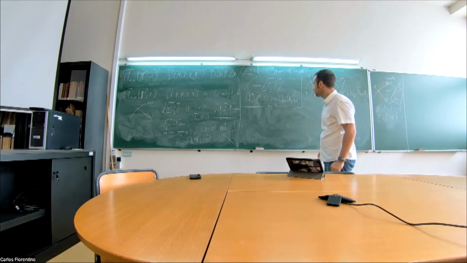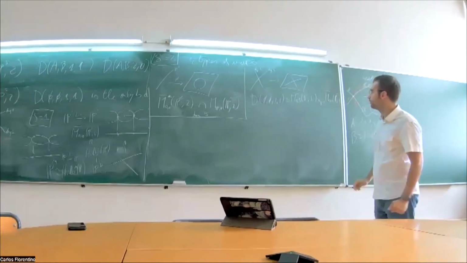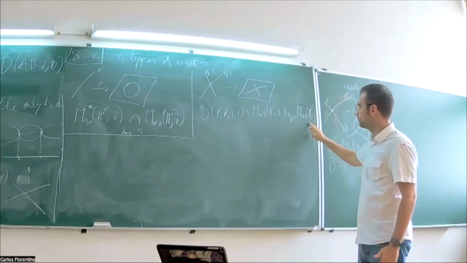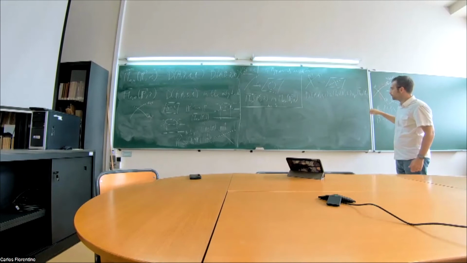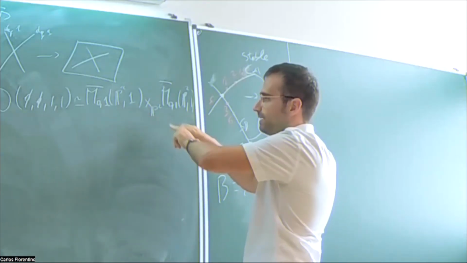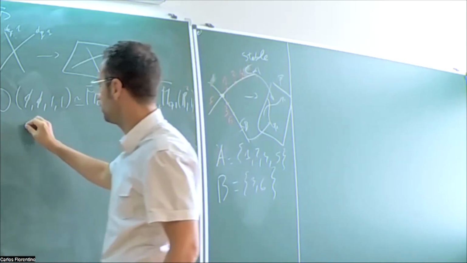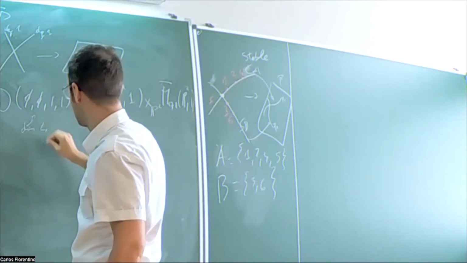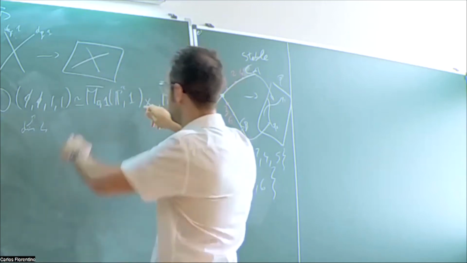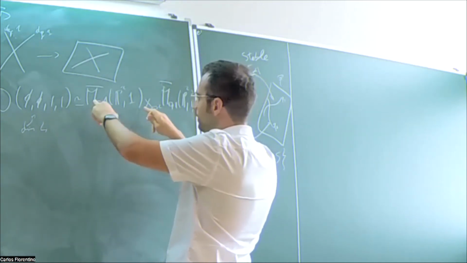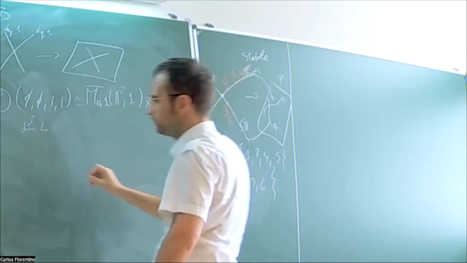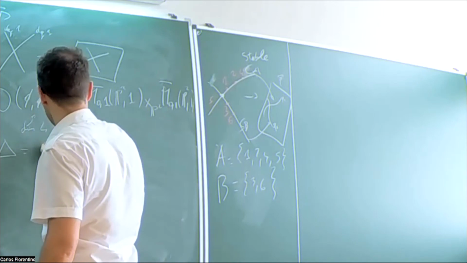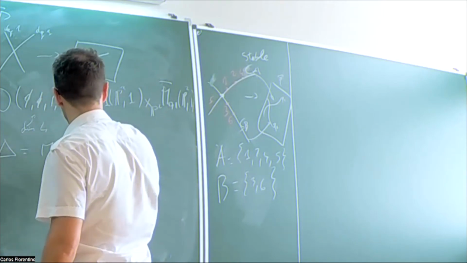Okay. This is the Cartesian square. But we know that inside the Cartesian square we have the diagonal, because these spaces are the same. The diagonal has dimension 4. The diagonal is basically an embedding of this space here, which is three-dimensional. So the diagonal is M0, 1, 1.